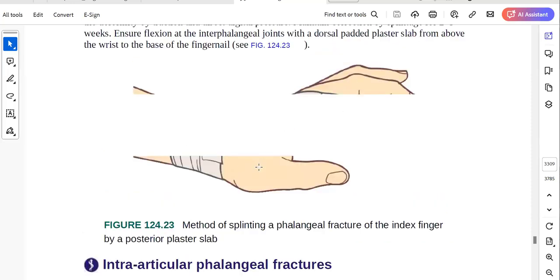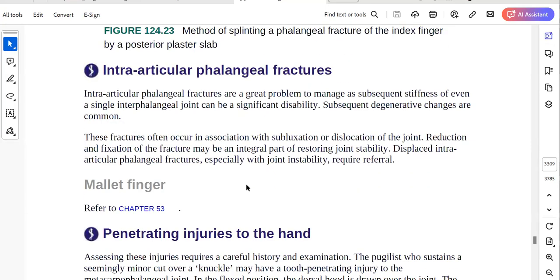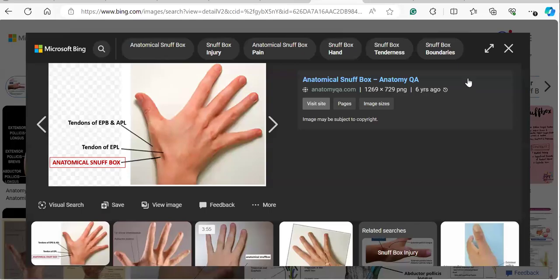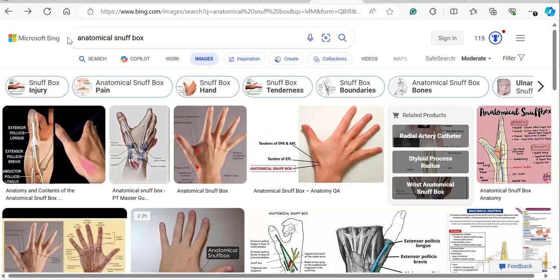If you're looking at the picture, you would know what they're talking about. So basically most of the metacarpal fractures will need a reduction, and then you'll need to put the patient on a posterior plaster slab. Okay, so that's important to remember because a lot of people think that just because it's a metacarpal fracture, you just put the patient in a sling, but it's not the case. So let's have a look.